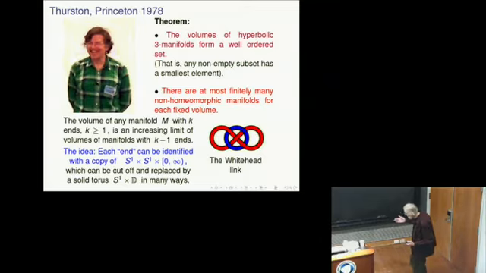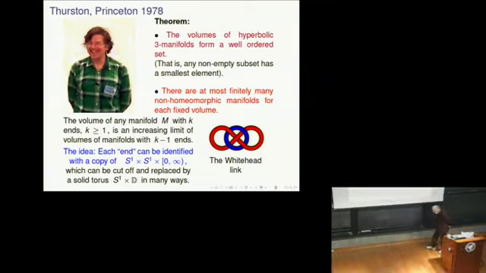So here's an example. Suppose you take a Whitehead link. This is a specific example of a link in the three-sphere. If you remove it from the three-sphere, you clearly get two different ends, the red torus and the blue torus, which you can think of as boundaries that you can cut off.